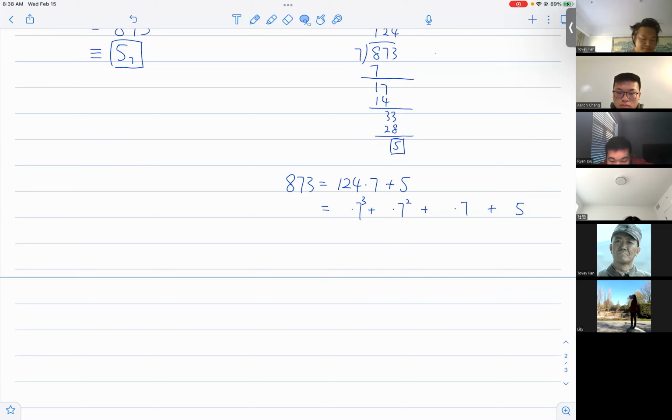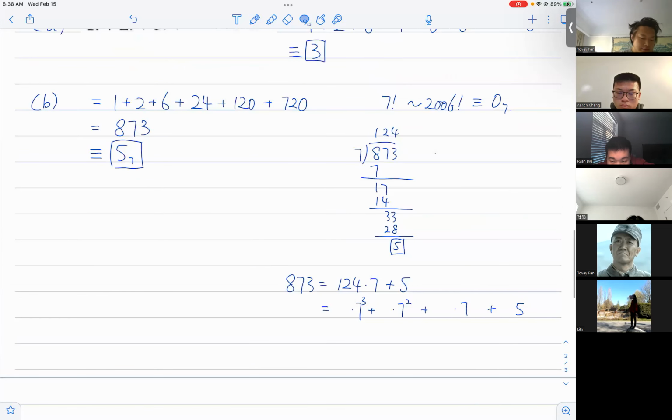Okay. So Aaron, and also we talked about this. This has the same reason, right? The reason why in this question we don't have to look at 7 factorial all the way till 2006 factorial is simply because all of them are multiples of 7.